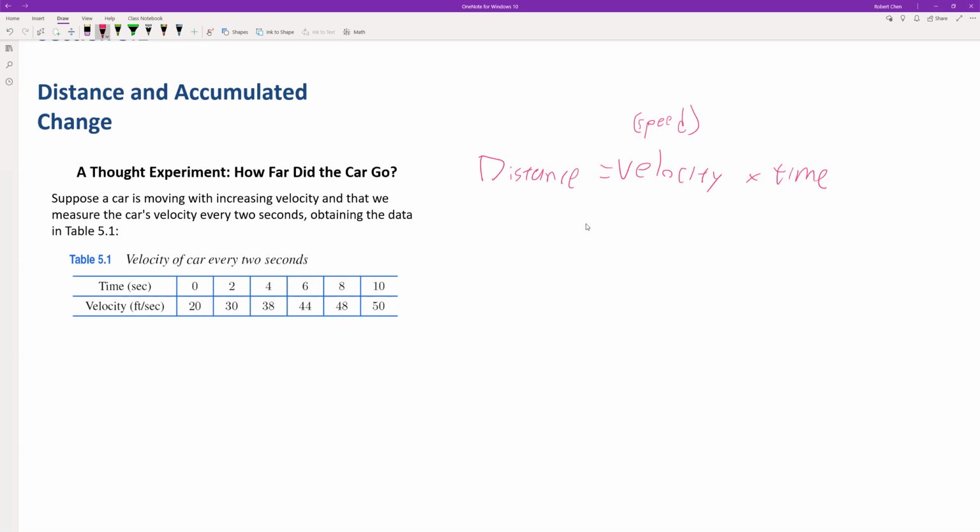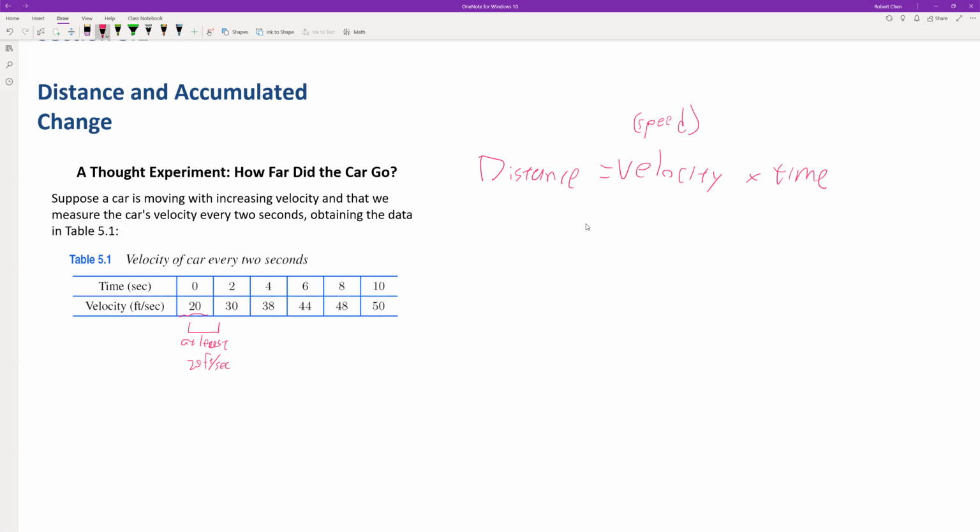Now, the velocity is increasing. So if the car at time 0 is going 20 feet per second, that means between the first 2 seconds, 0 to 2, it has to be at least 20 feet per second, right?